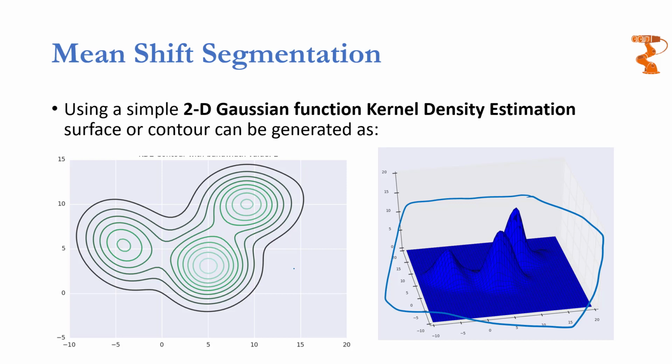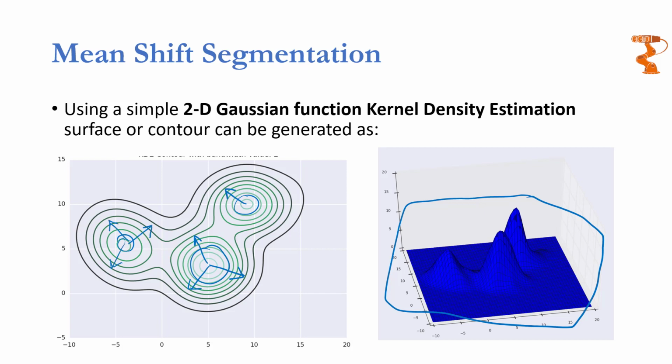So this graph represents this information in contour form. You can see that there are higher values over here and over here and over here. The green color is representing higher values, and as you move away from these peaks, the color is converted to black, which represents lower values.